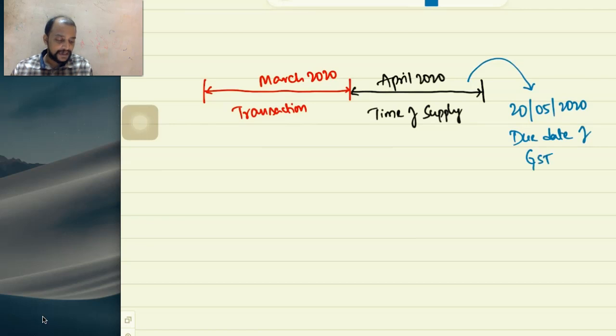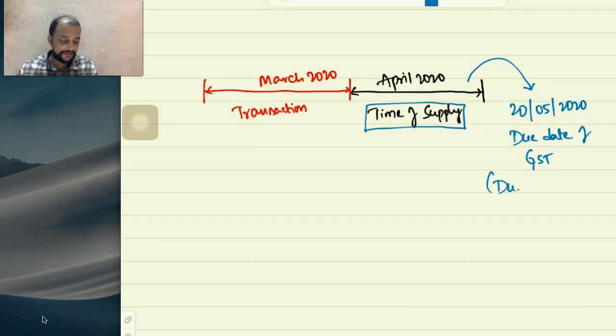So in order to determine when we need to pay GST, time of supply plays a major role. Here, the due date of payment of GST is determined based on the due date of filing GSTR 3B. So the assumption is this is the due date of filing GSTR 3B, and in that assumption, the due date of payment of GST is 20th May.